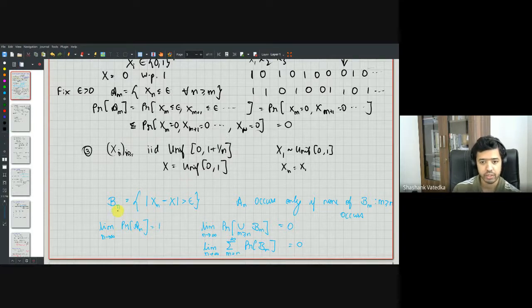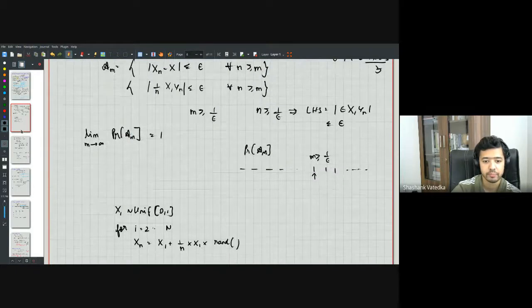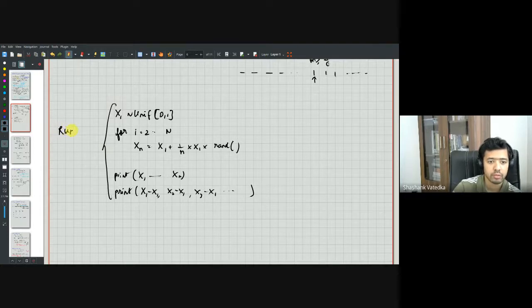Run it many times. The important thing is that you should repeat this multiple times. So you write this code, and then run it maybe 10 times or 20 times or something.